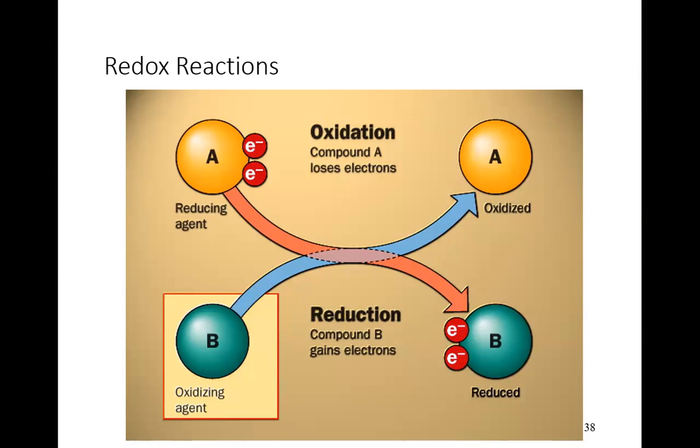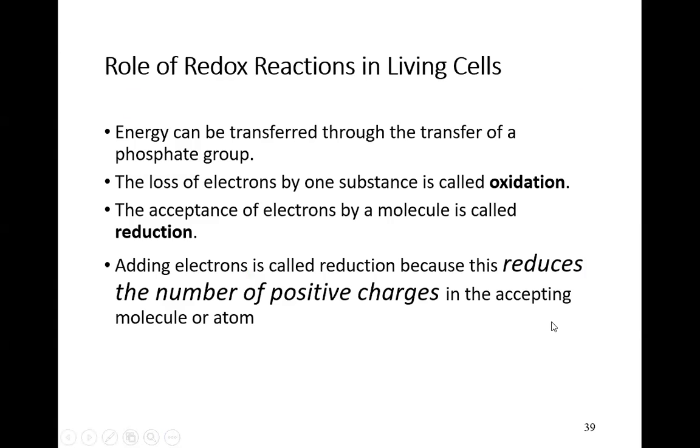This compound up here, compound A, has electrons, and those electrons get stripped off, and it's oxidized. We've released electrons. We've given off energy. Here we have compound B, which will grab the electrons. It's reduced, and the chemists say it's reduced because there are now more negative charges on it than there were before. That's chemist talk.